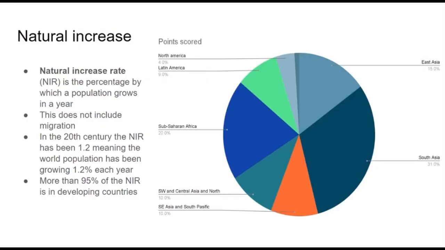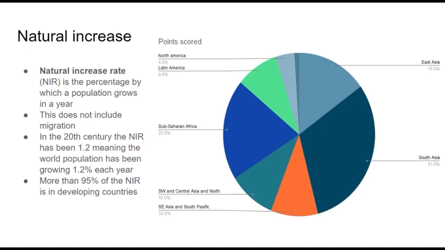Natural increase. Natural increase rate is the percentage by which a population grows in a year. This does not include migration. In the 20th century, the NIR has been 1.2, meaning the world population has been growing 1.2% each year.